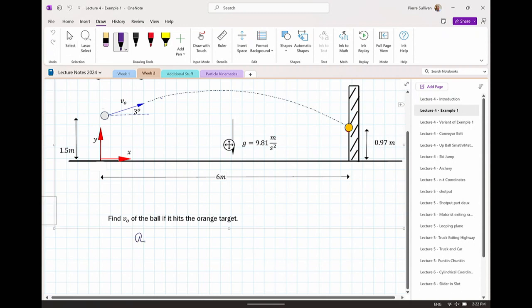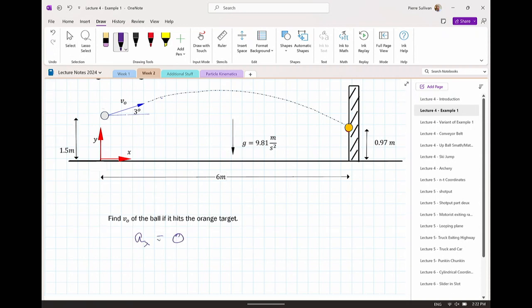So all of these problems start out the same way. Acceleration in x is equal to 0. And Vx is equal to V naught cos 3 degrees.